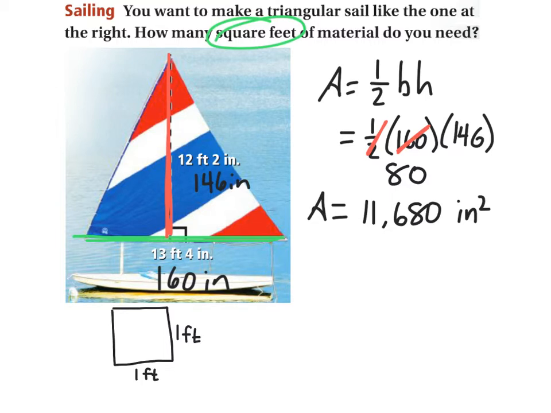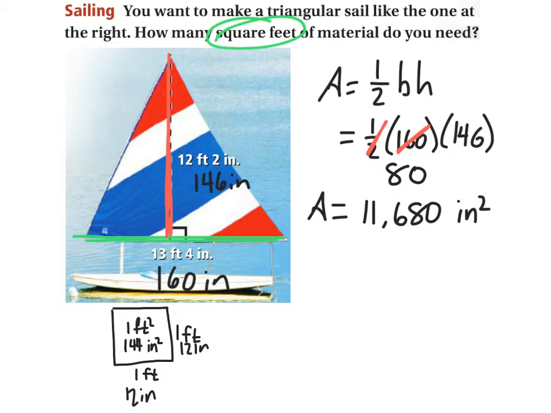How many inches are in a foot? 12. So this is 12 inches by 12 inches. So 1 square foot has how many square inches? You're finding the area of that square. Base times height. 12 times 12.